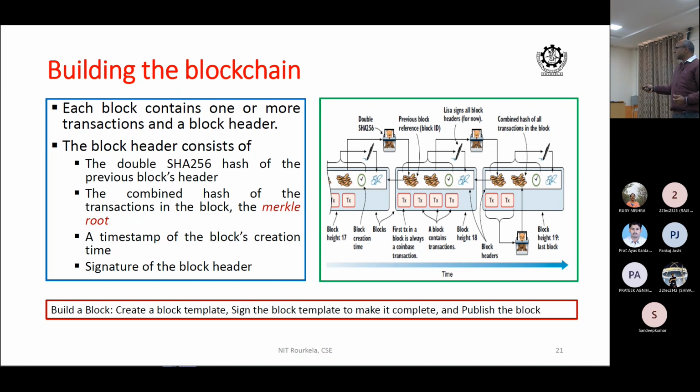That hash is generated in the Merkle tree. It also adds a timestamp, which indicates the creation time, and a signature of the block creator. So everything is there.